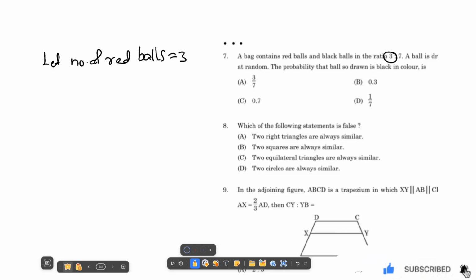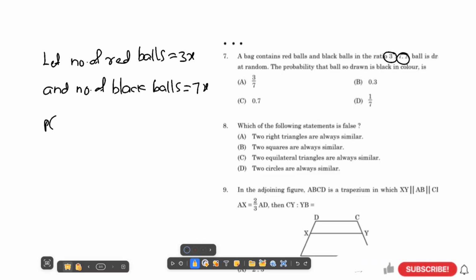So let us think this is 3x, and number of black balls. So number of black balls are 7 parts. So it is 7x. Now how do you get the probability of black balls?